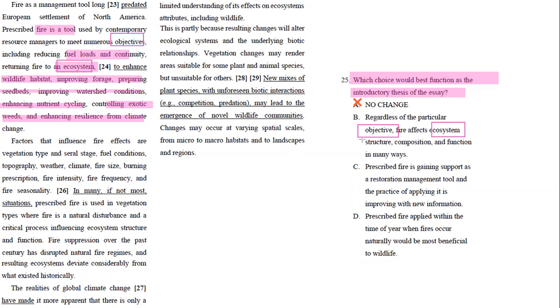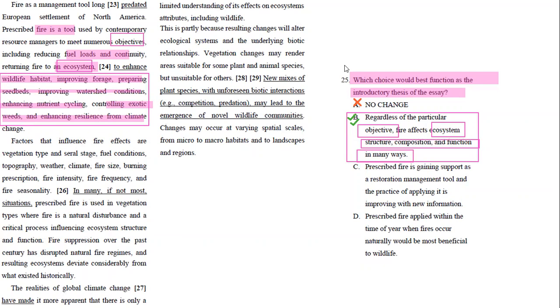It talks about the structure, composition, and function, which is talked about over here. So this is a good sentence to introduce the whole paragraph because it explains the main idea of the whole paragraph and the rest of the passage.